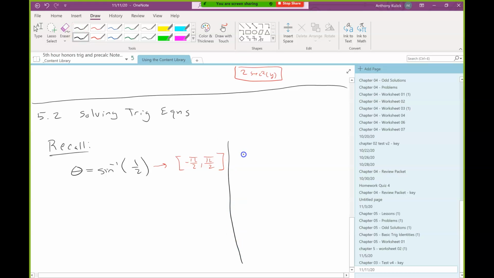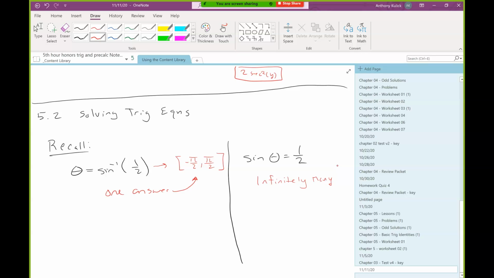If I contrast that with if I want to solve sine theta is equal to 1/2, if we can find one location where sine is equal to 1/2, we can just keep going coterminal and keep finding them and finding them.